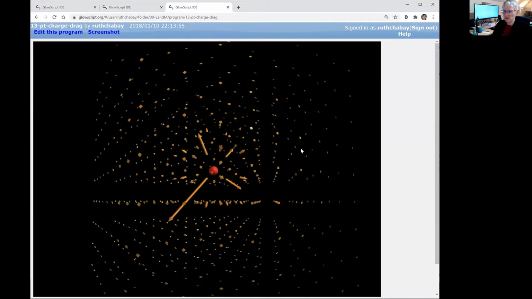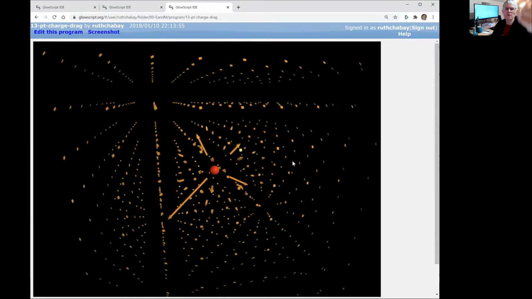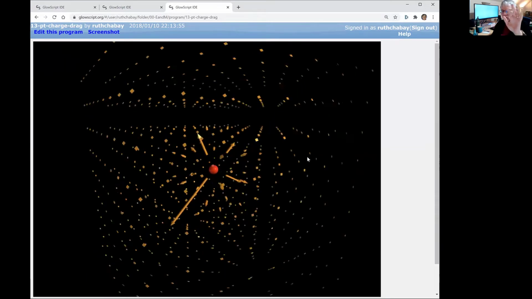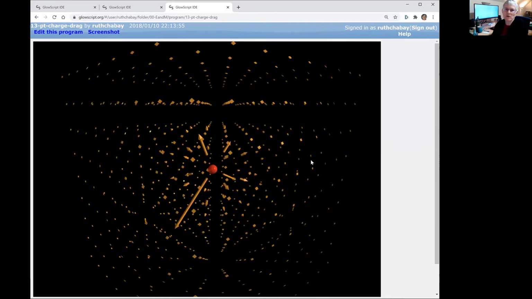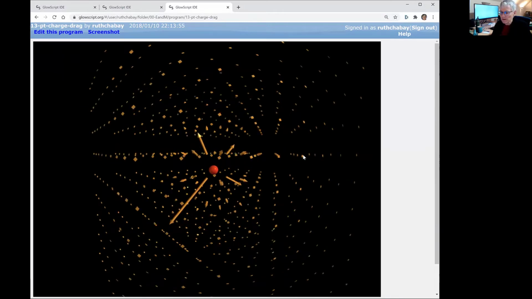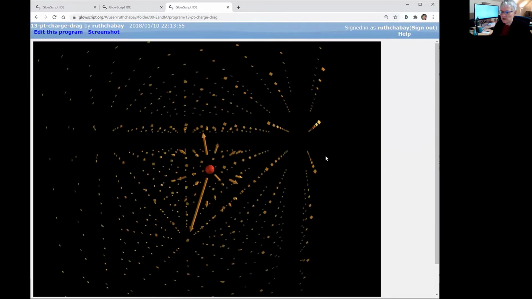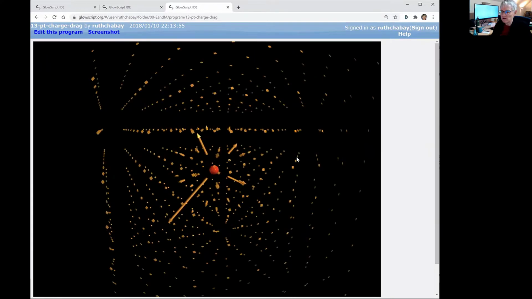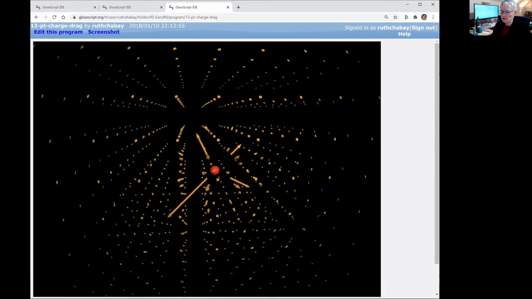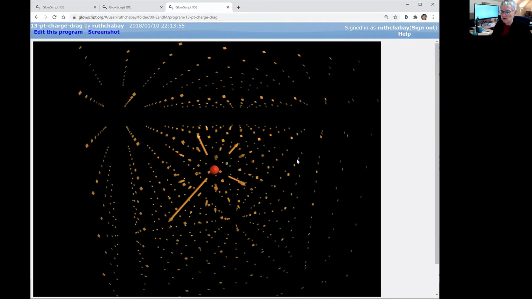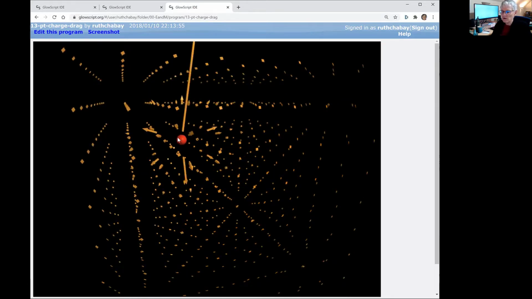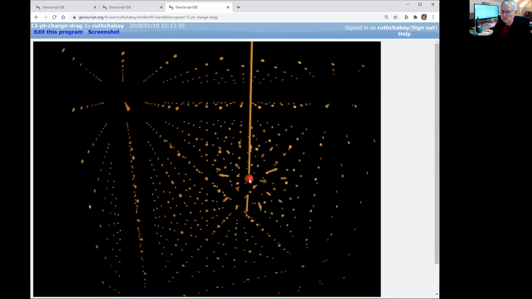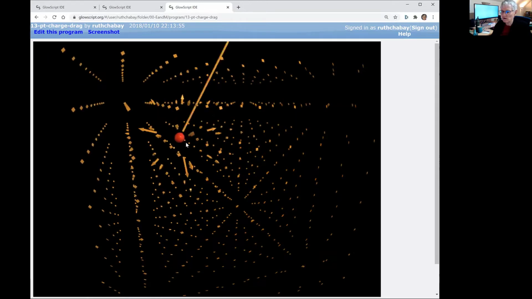What's depicted in this program is the electric field at points on a grid, because if we tried to draw it everywhere, we'd have a massive orange blob and couldn't see anything. At locations near the positive charge, the electric field is large. At locations far from it, it's very small. And if we move the charge, the field everywhere changes.